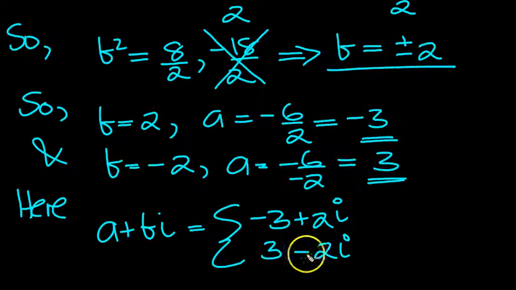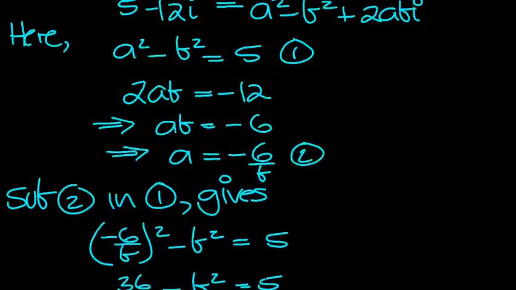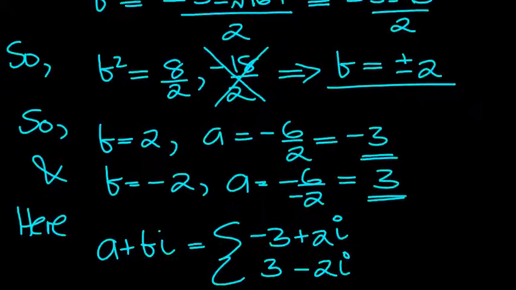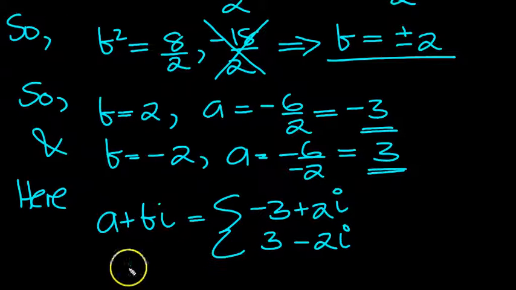And let's just square them in our mind's eye. Let's square this one. The real term would be 9 minus 4, which is 5, minus 12i, because it's minus 6 minus 6, 5 minus 12i. And that's what we started with. So that's good. It looks like we're okay because we did a little check in our mind's eye.